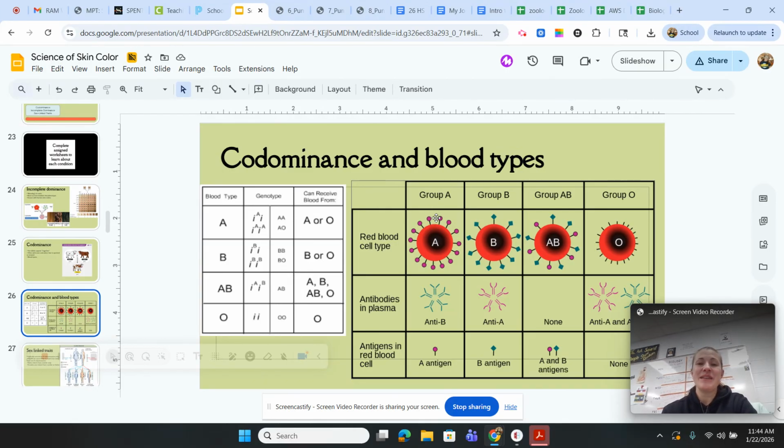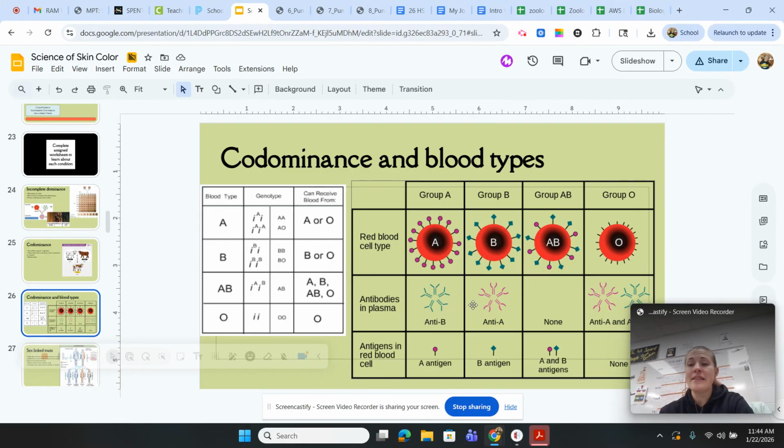So it has a little name tag that says, hey, we have type A. If you have type B blood, you have little name tags that say, hey, we are type B immunoglobulin. If you have type AB blood, you have both name tags. So they have type A and type B. If you are type O, there are no little name tags. So I like to call it naked blood.